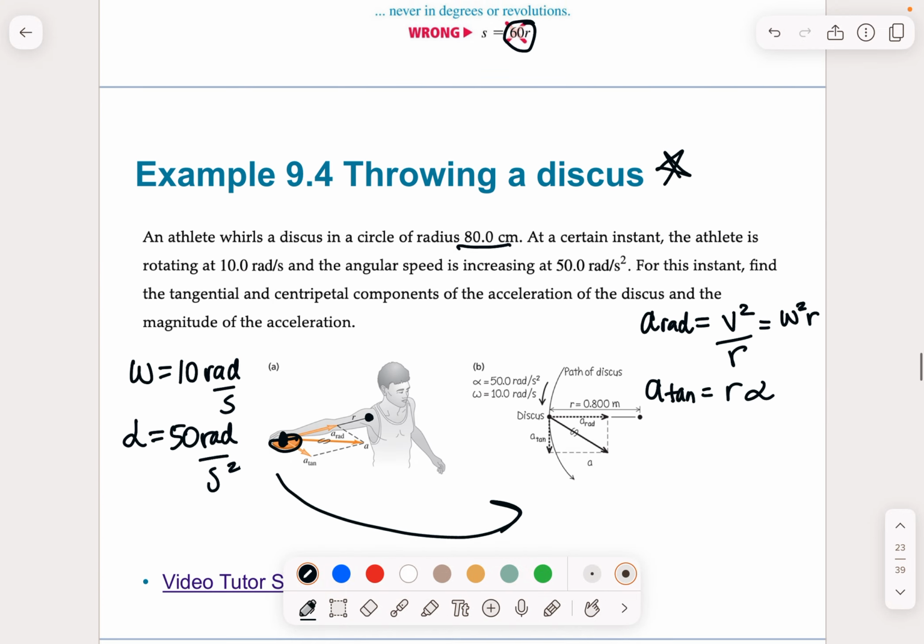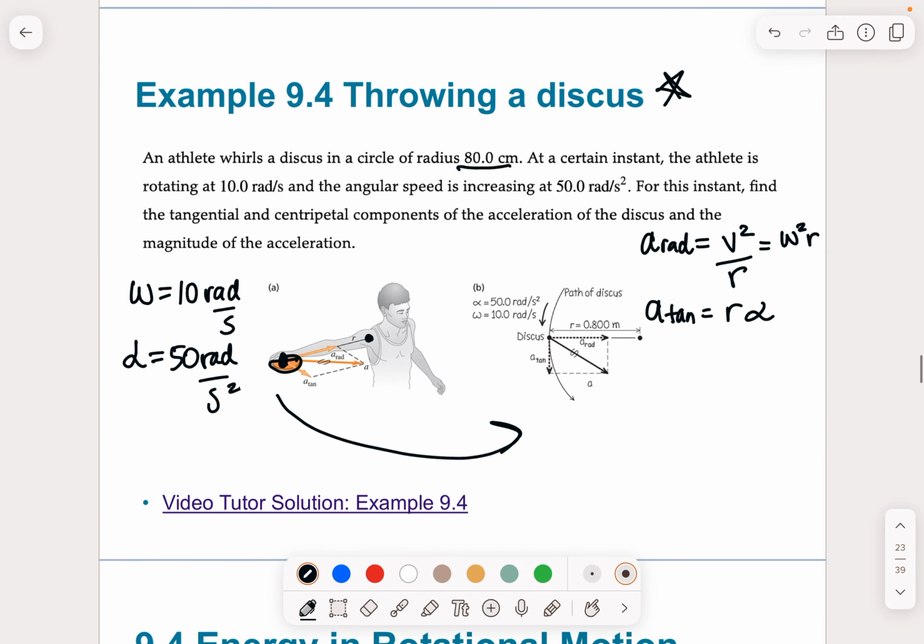So we need to find out what those values are, and make sure that we carefully put the right quantity in. Working on a_rad, it's v squared over r. Do we have v? We could find v if we wanted to, but we don't have v. What we do have is omega, so we might as well use that.